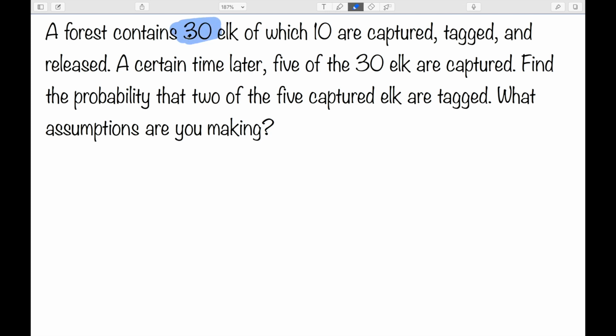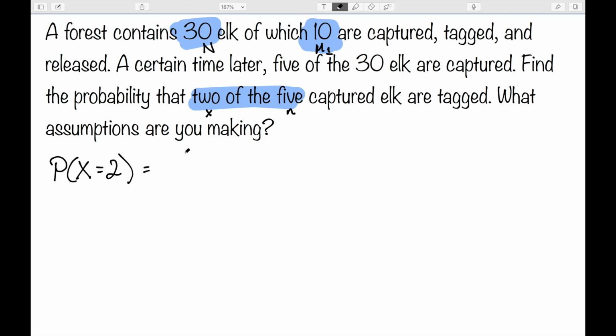We have a total of 30 elk, so that would be my value of capital N. The fact that 10 are captured and tagged gives me m1. And we want the probability that 2 of 5. So 2 is going to be my value of x, and 5 will be my value of little n, the total number that we're getting.